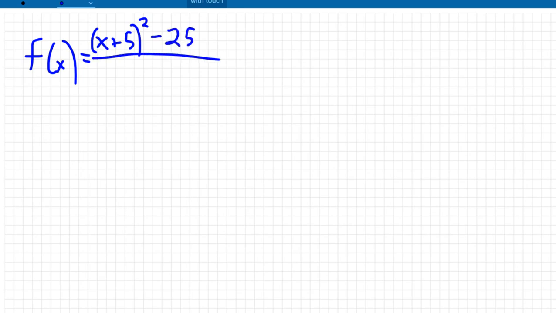Alright, so let's say we have a function f of x equal to (x plus 5) squared minus 25 over x.